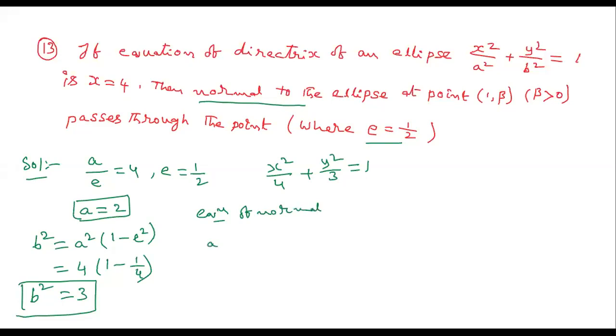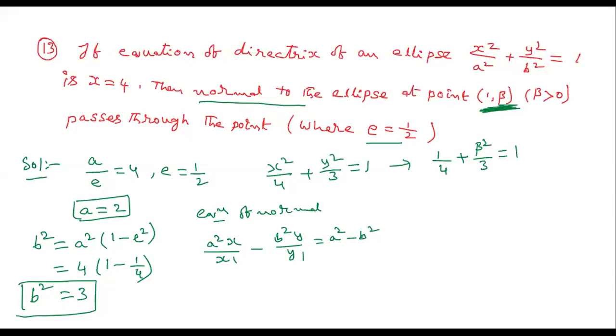So the formula is a square x by x1 minus b square y by y1 is equal to a square minus b square. And here x1, y1 is (1, beta). This lies on the ellipse. Lies on the ellipse means substitute here. Here we get 1 by 4 plus beta square by 3 is equal to 1.